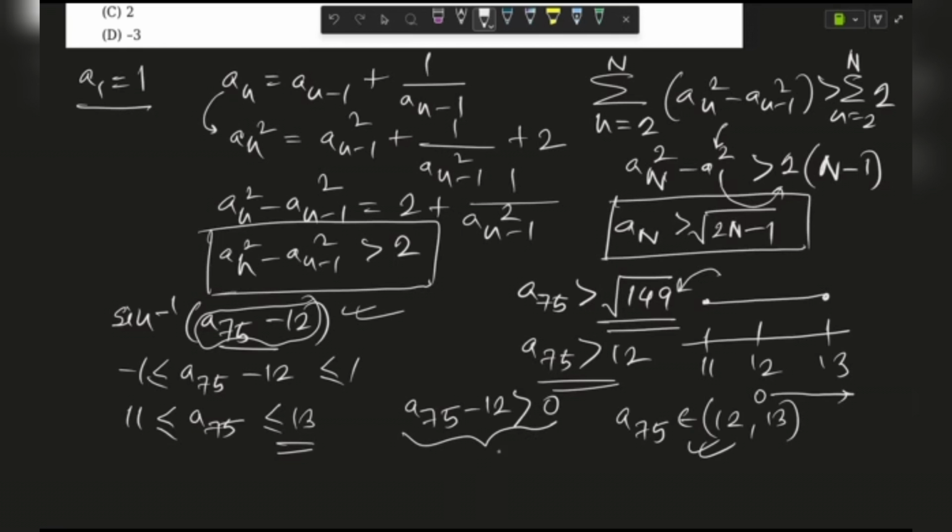Now a very clever take from this part will be, because a75 minus 12 is greater than 0, and we know sine inverse x has a range of minus pi by 2 to pi by 2. Now we never would actually need minus pi by 2, because if a75 minus 12 is greater than 0, its sine inverse will also be greater than 0.